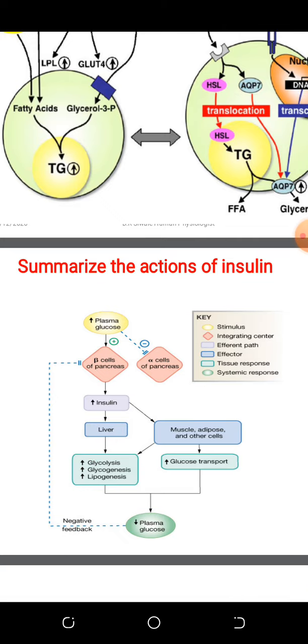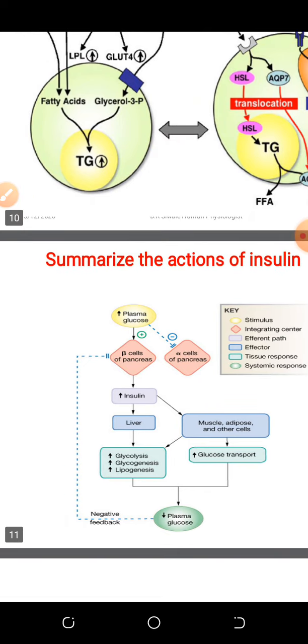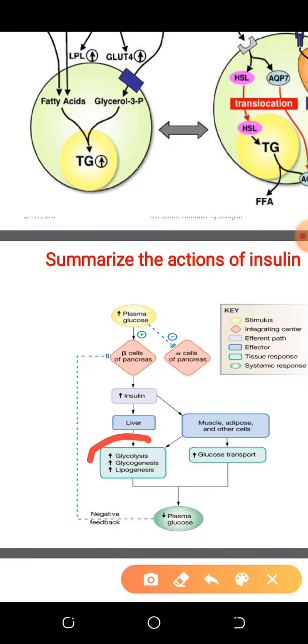So it decreases glycolysis. On the liver, whenever the plasma levels increase, it increases glycogenesis. What is glycogenesis? Breaking down of glycogen into glucose is glycogenolysis. Now this is glycogenesis. So insulin increases glycogenesis, that is synthesis of glycogen.